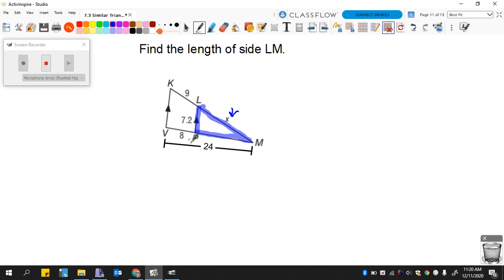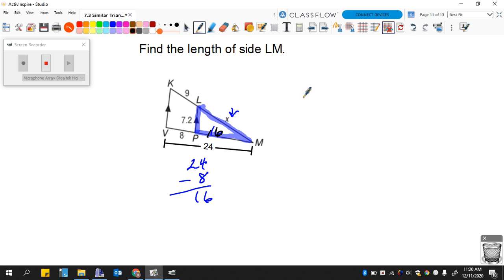What we do know, though, is that the whole length is 24, and this additional part for the large triangle is 8. So we can say 24 minus 8, which is 16. So we know that this side over here is 16.